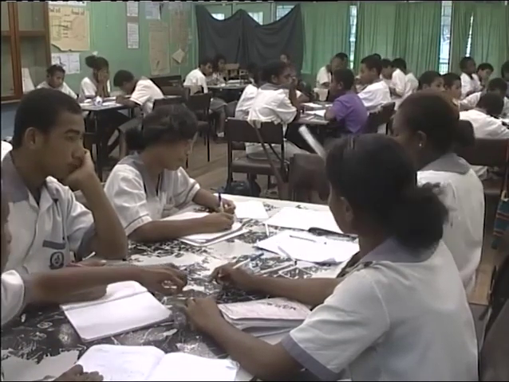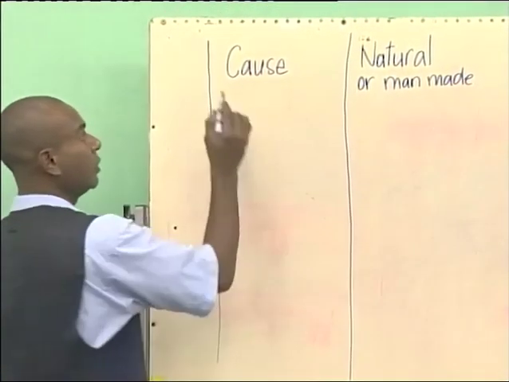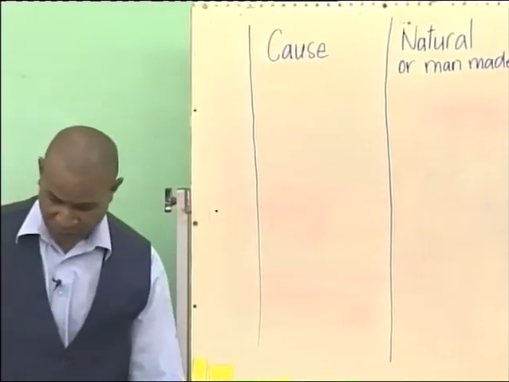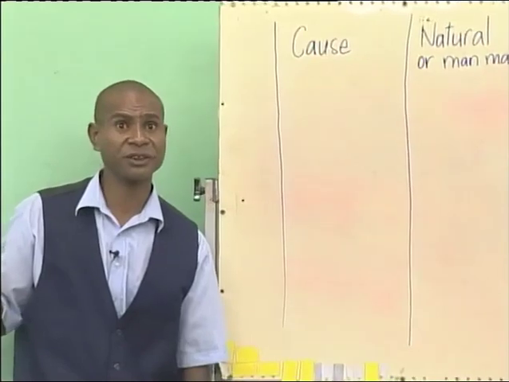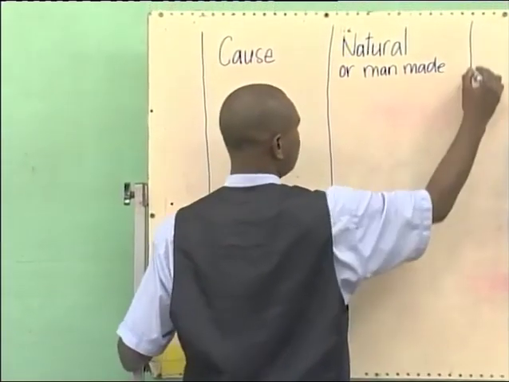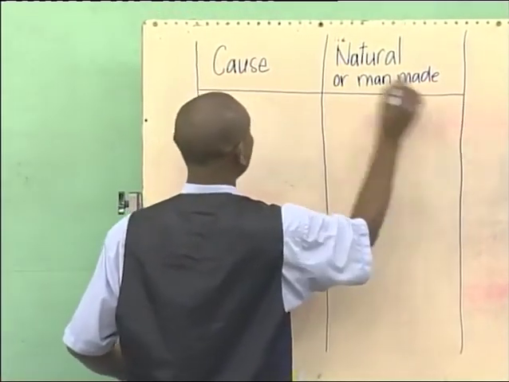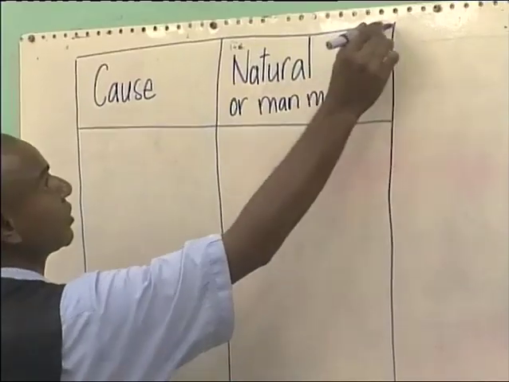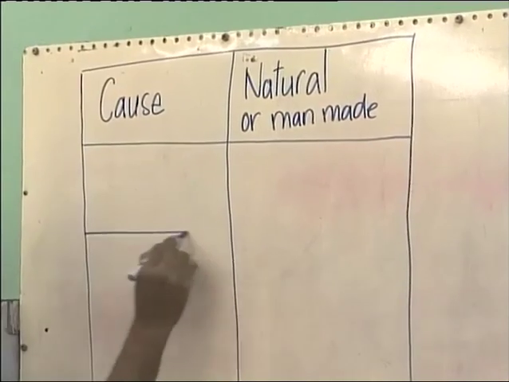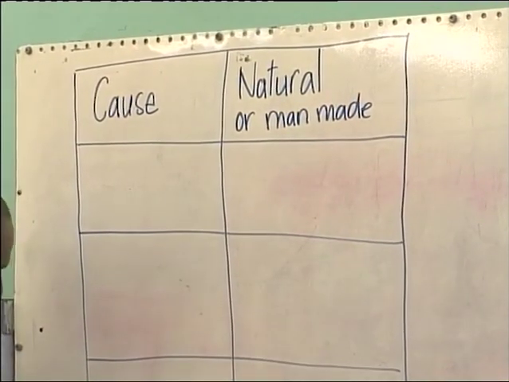So first column should be the cause that is shown by the picture. Your second column should be to identify whether it is man-made or a natural cause. So in the first cause, you write down what kind of cause is shown in the picture.